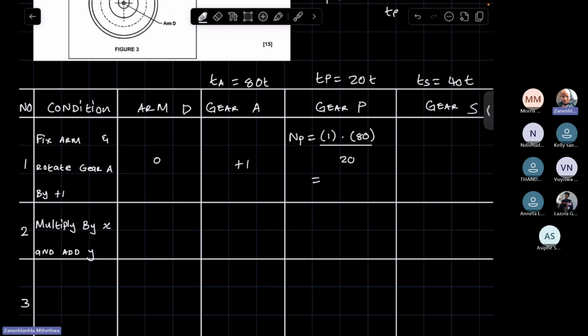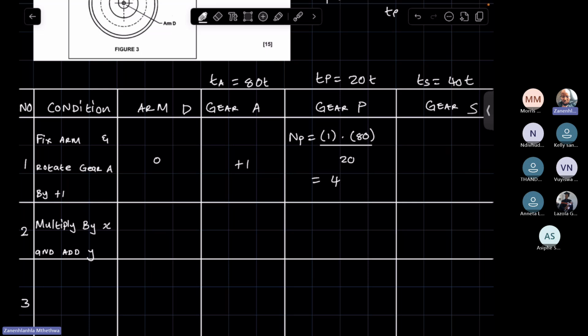It's 4, which means NP, when the arm is fixed and the annulus has been rotated clockwise, the rotational frequency of the planetary gear is positive 4 revs per minute.